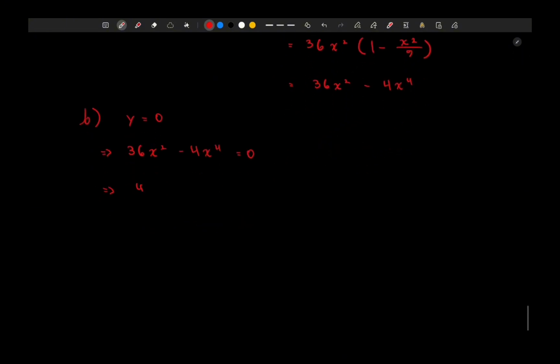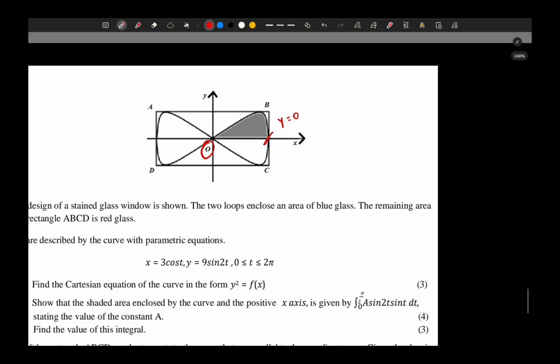Now if we take 4x squared as common, we get 9 minus x squared equals 0. So we actually get three values of x: plus and minus 3, or x equals 0. So at this point, we know that x will be positive 3. And this is the negative 3 part.